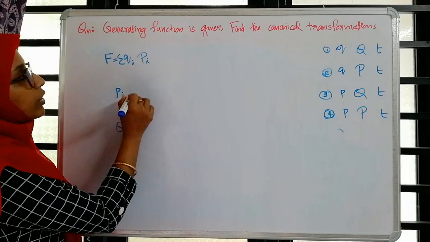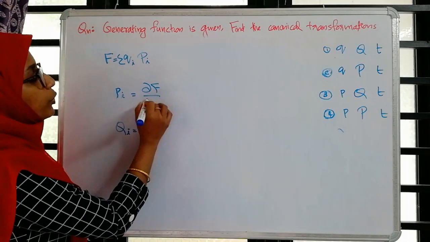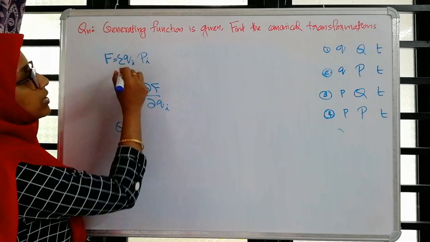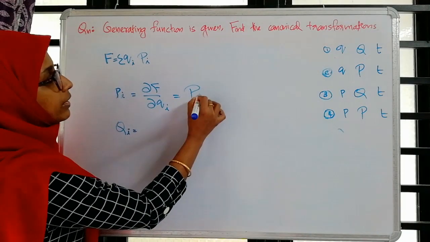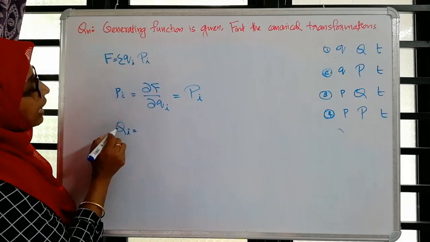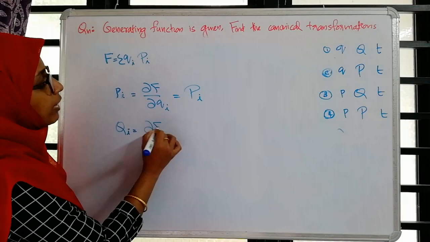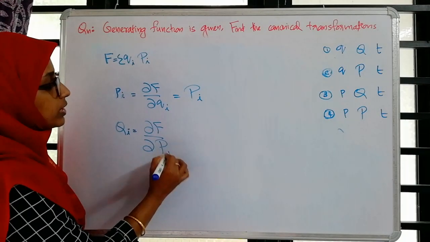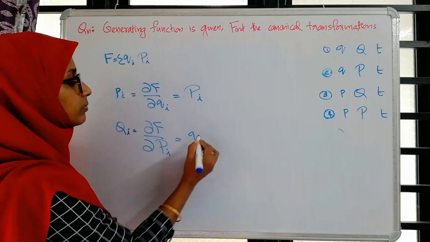Small pi is equal to dou f by dou Qi. From this, that will be equal to capital Pi. Next one, capital Qi is equal to dou f by dou Pi, which is equal to small qi.